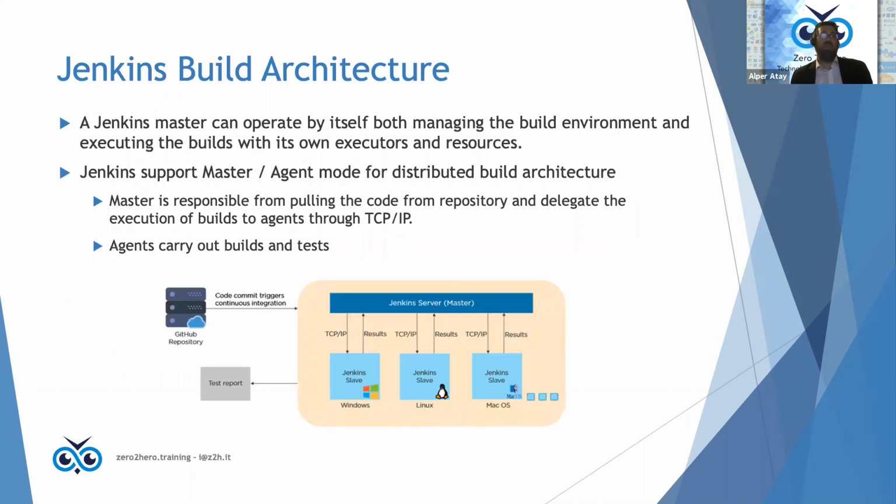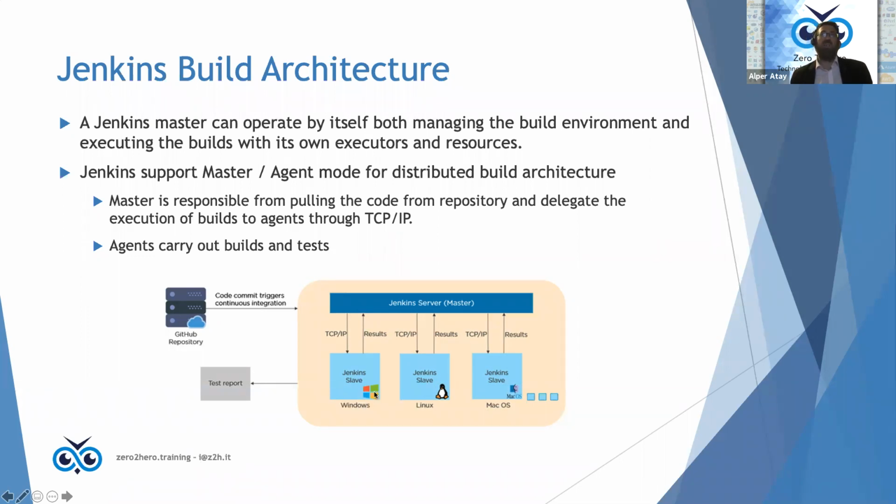So let's take a look at the Jenkins build architecture. The Jenkins master can operate by itself, both managing and building environments. So this is our Jenkins master server, and we could have more than one Jenkins slave. Today we won't be using any Jenkins slaves, but basically we could use as many as we want, and they could be of any operating system.